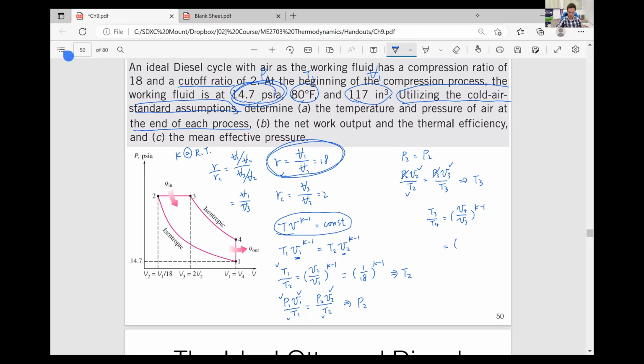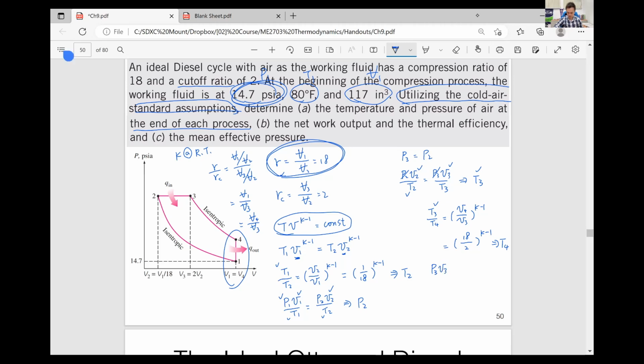But V4 equals V1, so V1 over V3 is the same as V4 over V3. So this is r over rc. Then we can get T4 because T3 is known at this moment.